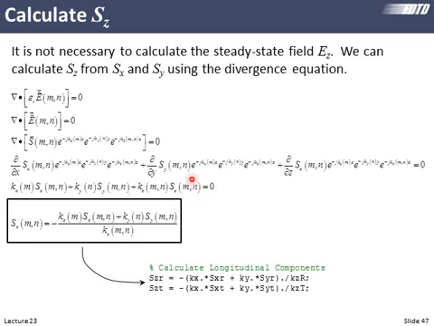Then we solve this for S sub Z, and now we have an equation for the Z component of our spatial harmonics in terms of the X and Y components and our wave vectors. So we use this equation now to calculate the Z components of our spatial harmonics. So, two lines of MATLAB code. Once we know the X and Y components from our two-dimensional FFTs, then we calculate our Z components. Now we know everything about the amplitudes of the spatial harmonics.